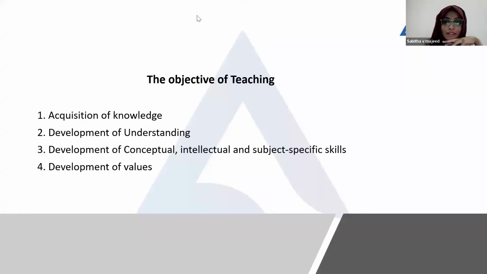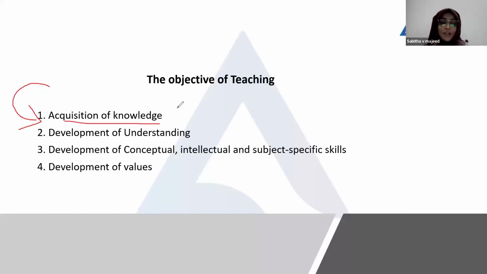So the first objective of teaching is acquisition of knowledge. Teaching aims at acquisition of knowledge. The main goal or purpose of teaching is acquisition of knowledge. What is meant by acquisition of knowledge?